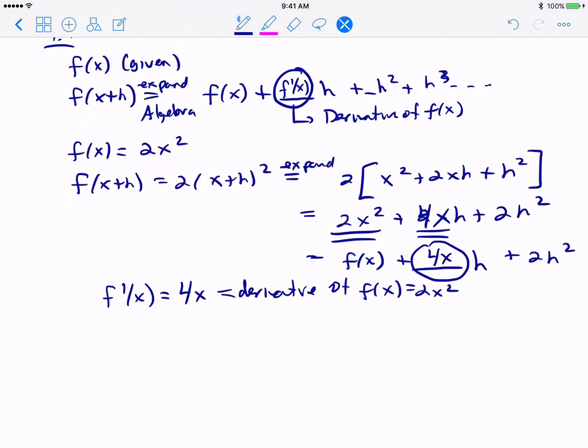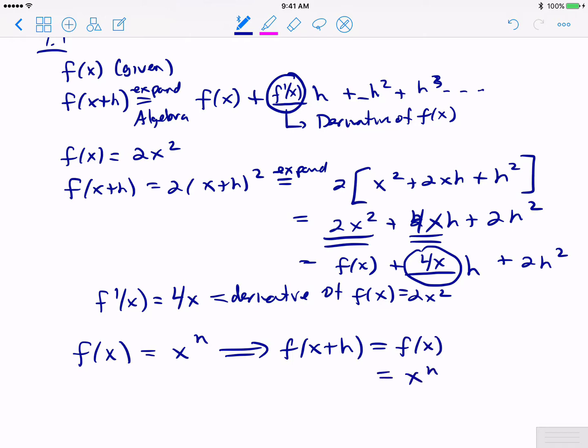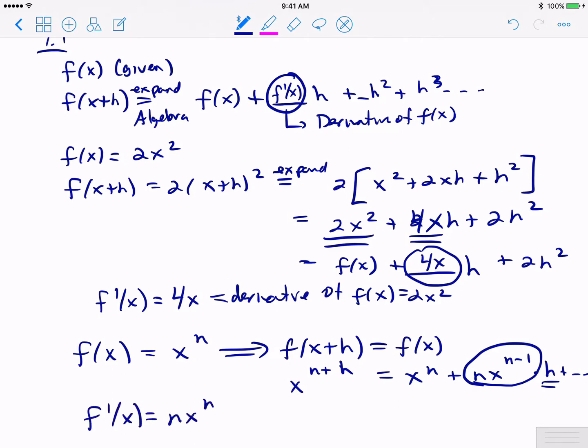Okay, and it's this route that will lead you to the derivative of a function x to the n. If you do this process, f of x plus h, and expand, you'll get f of x, which will be x to the n, plus, from x plus h to the n, n x to the n minus 1 times h plus some stuff, and the function in front of the h term is the derivative.